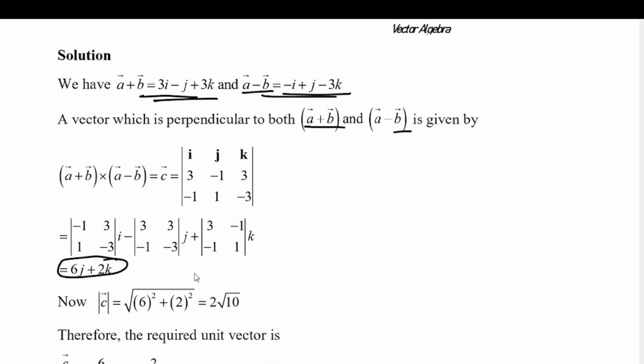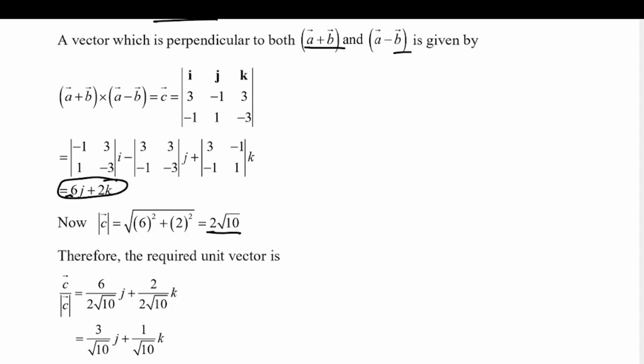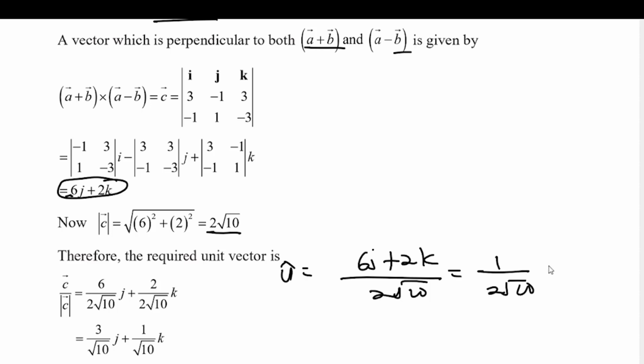The next thing is to find the magnitude, and the magnitude of this is the square root of 6 squared plus 2 squared, and that gives us 2 root 10. And therefore the unit vector is the vector over its magnitude. So 6j plus 2k over the magnitude, which is 2 root 10, which is the same as 1 on 2 root 10 times 6j plus 2k.